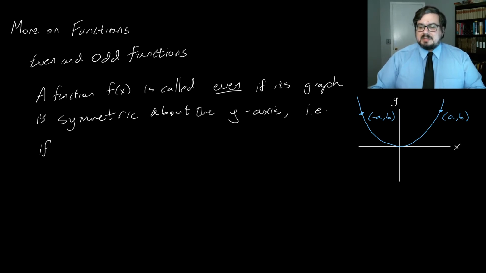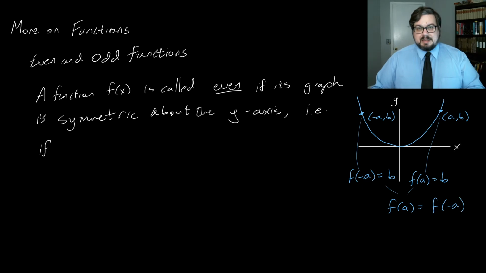So this means that f of a equals b, that's what it means for the point a, b to be on the graph, but we also have that f of negative a equals b. So in other words, in this case, we get that f of a is equal to f of negative a. And this is an example of the equation that we use to detect whether a function is even, that is, symmetric about the y-axis.